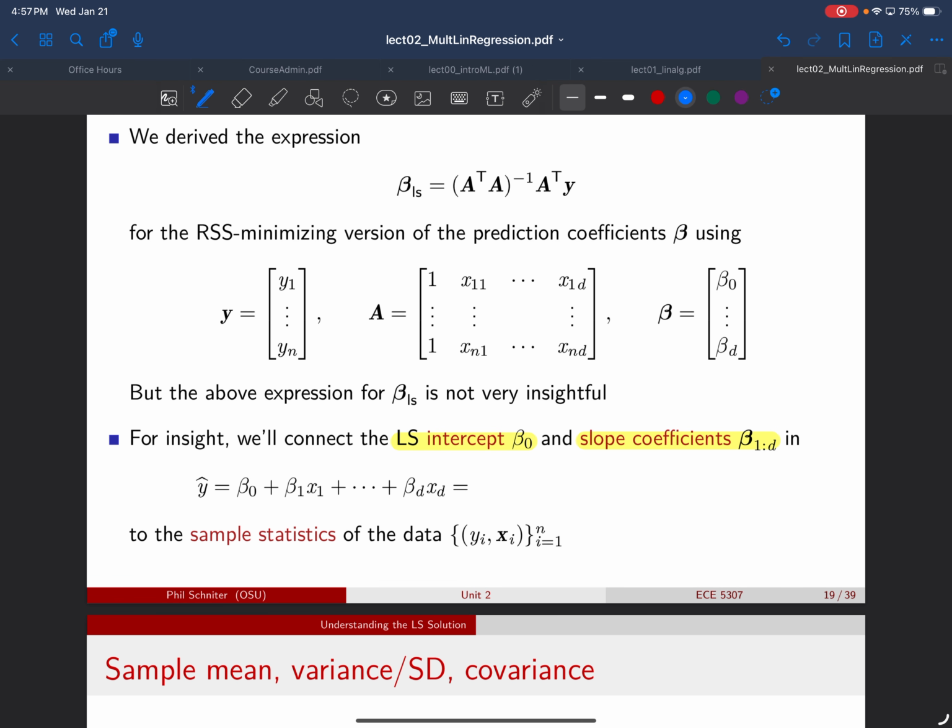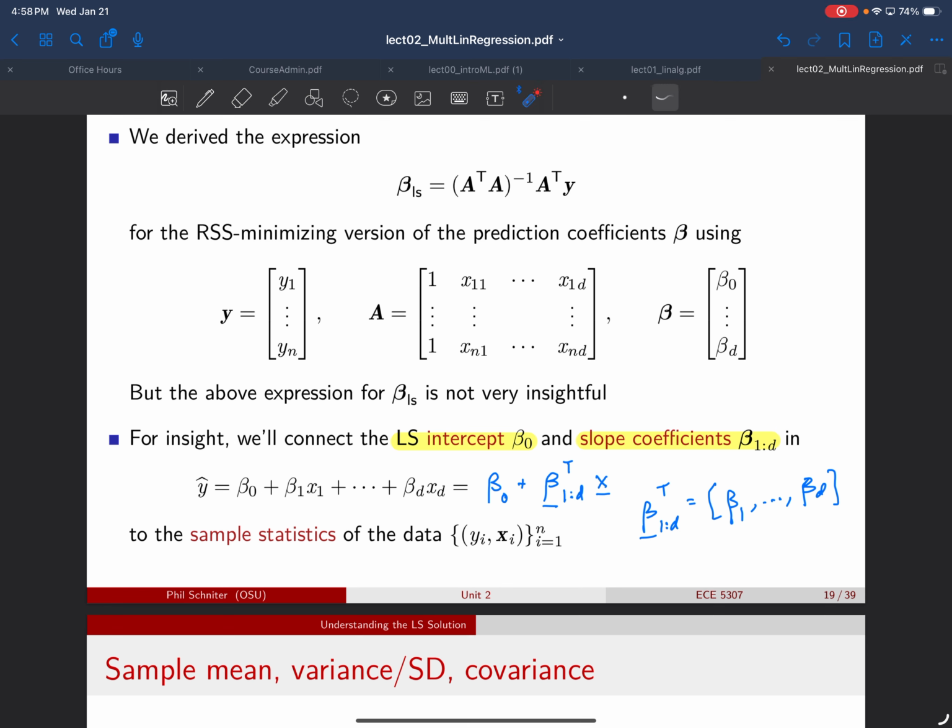We're going to write this y hat as beta 0 plus a new vector that we're going to call beta 1 through d, multiplying our x vector. So we have a transpose here. This beta 1 through d is going to be beta 1 dot dot dot through beta d. So this is a new vector that contains all of our slope coefficients.